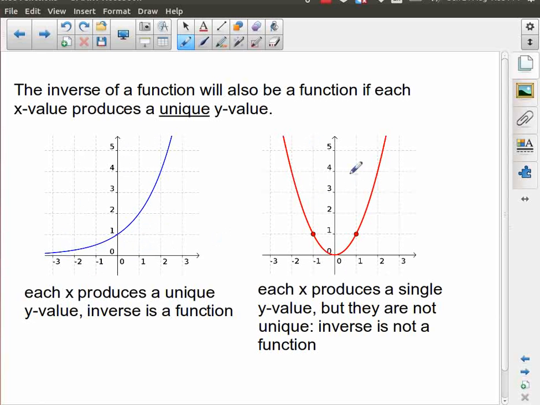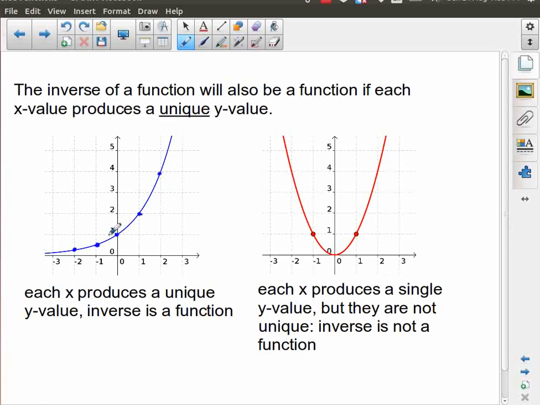You can see both of these, the blue and the red, they pass the vertical line test. But another aspect of this is producing a unique y value. So for example, here is the point for x equals -2, -1, 0, 1, 2, and so on.